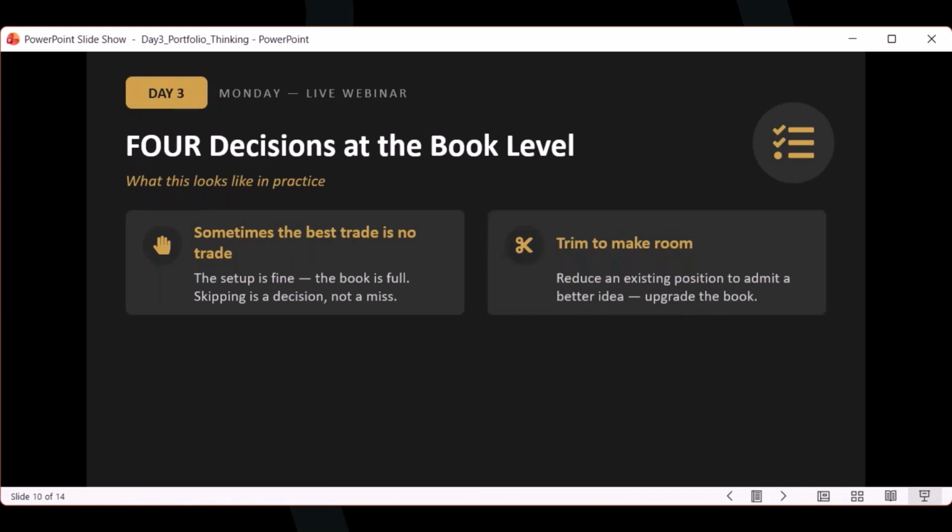So it might be that we reduce or remove an existing position because it looks as though it might have done what it was intended to do, to enter a better idea, one that's just showing that it's setting up. So although our exposure doesn't change, what it says is we can't take another one on board right now, maybe, or maybe it's not wise to do so.